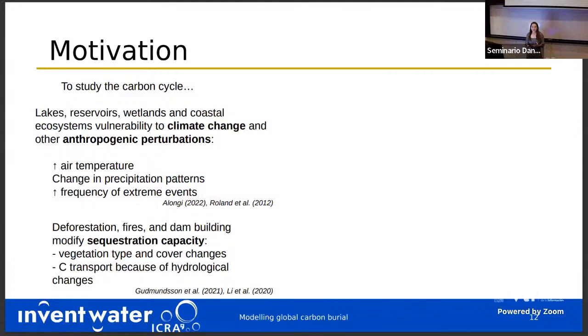Also, we have modified the use of the land. So deforestation, fires, and the building of reservoirs have modified the sequestration capacity of these ecosystems because we changed the vegetation type and cover, and also because we changed the hydrology of the system, which altered the carbon transport.